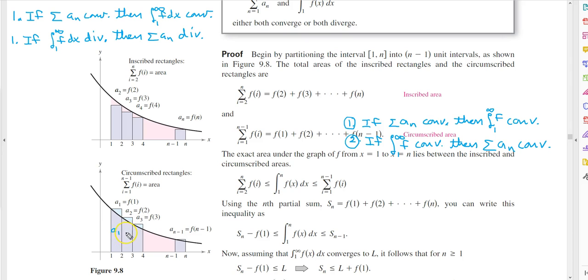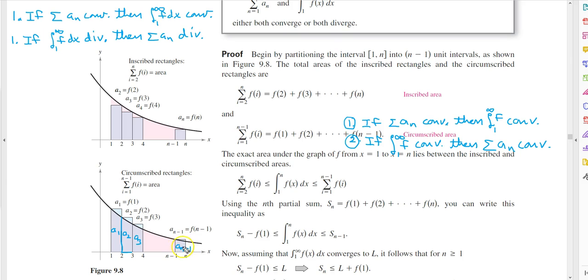And the area of the second rectangle then is going to be a2 by the same reasoning. You see this height right here is f of 2, which is a2, times the width, which is 1. So this is a2, and then a3, and all the way down to this would be a sub n minus 1 right here actually.